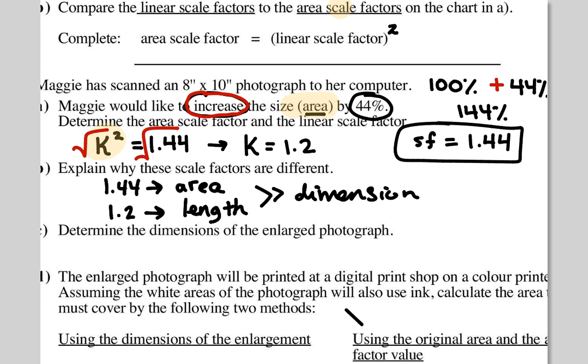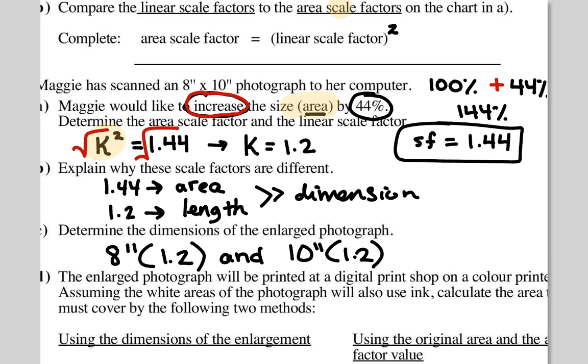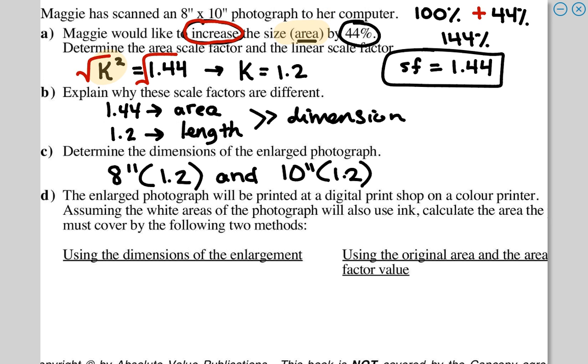You can start by taking the original dimensions, 8 inches, and timesing them each by 1.2. And I'll bring that down here. You would get 9.6 by 12.